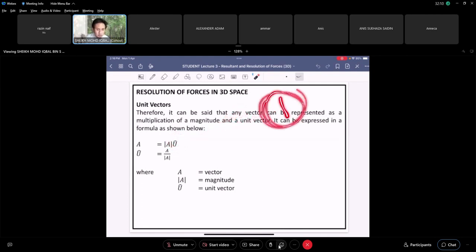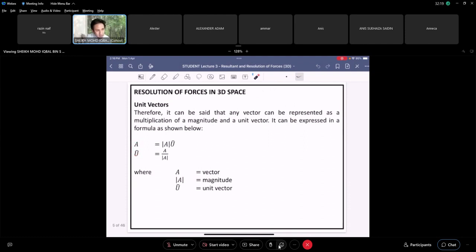It has to be 1. If it's more than 1, then it's going to change the magnitude of the vector. For example, say the vector here has a magnitude of 2. Because the unit vector is 1, it does not change the magnitude of the vector. The magnitude is still 2, right? If the magnitude is 3, and the unit vector is 1, the magnitude of the vector is still 3, right? That's why it has to be 1.